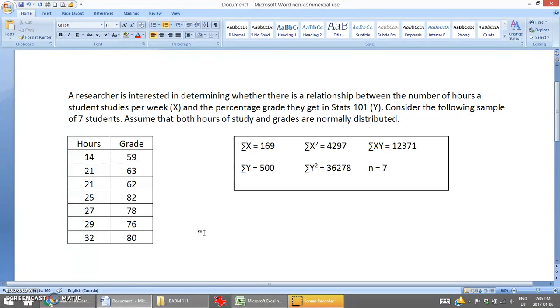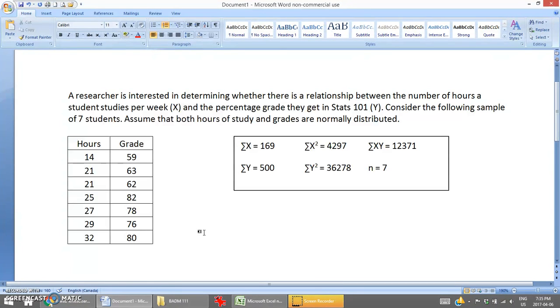So in this example, we're trying to predict the grade. The grade that you get in this stats course is the dependent variable. It is dependent on the independent variable, which is hours. Now there are probably lots of other independent variables, x's, that could be used to predict success in a course.